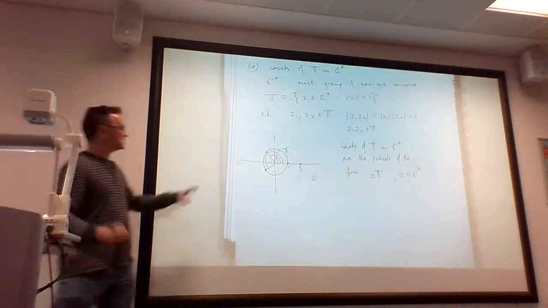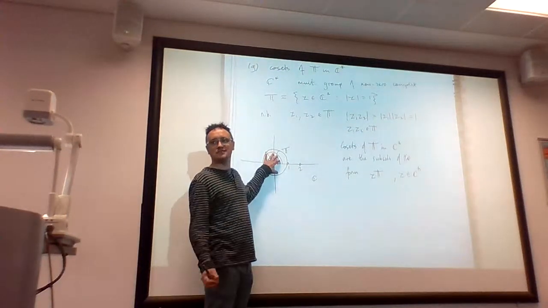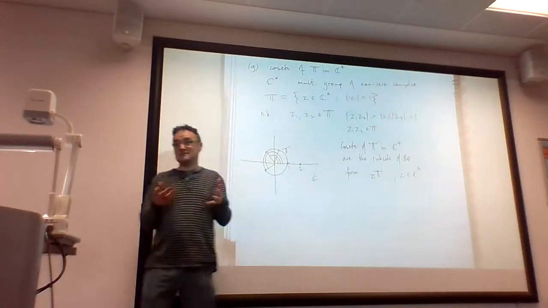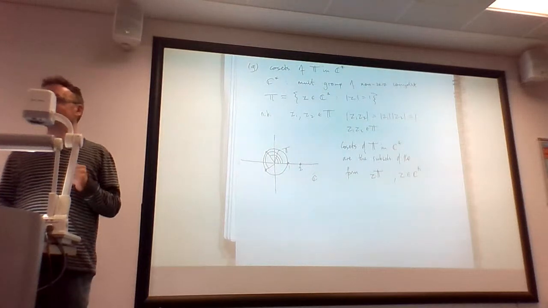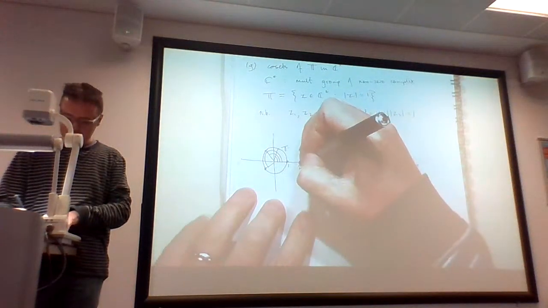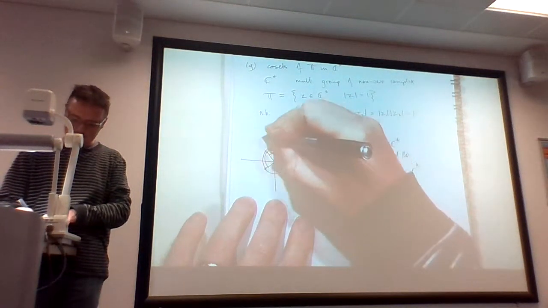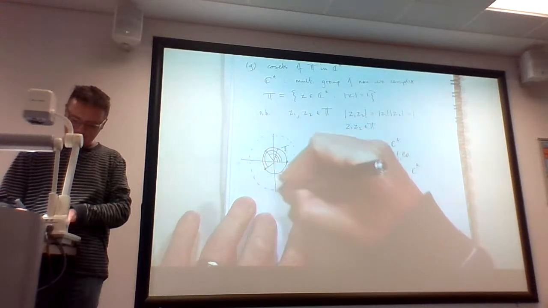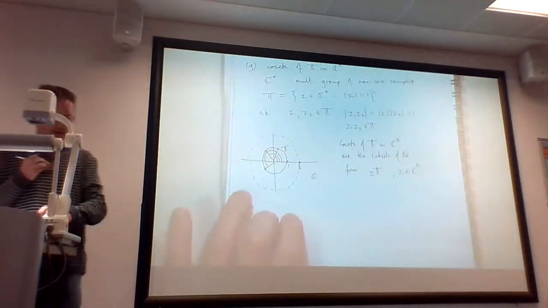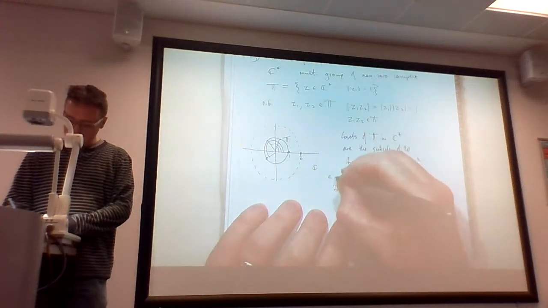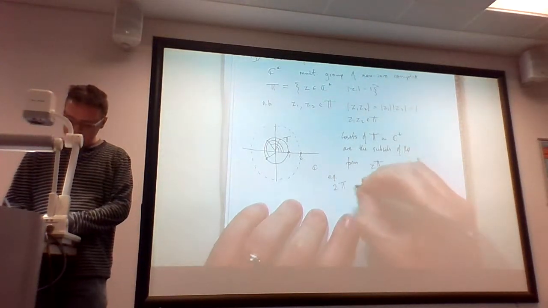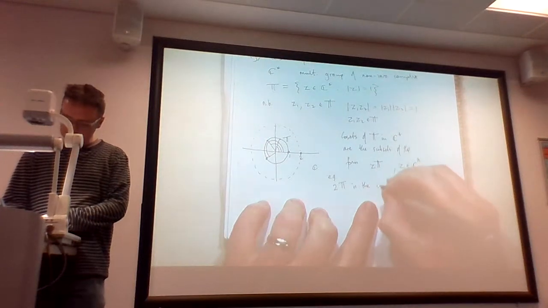What happens when you multiply all of these numbers by 2? Circle of radius 2. Okay, so that's a coset. So 2T is the circle of radius 2.